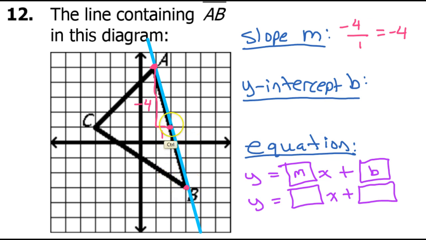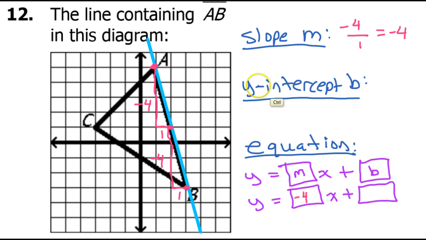I'm just going to double check by looking at the next point. If I go down 4 again and right 1, that's how I get to point B. So again, it's down 4, right 1. So the slope is definitely -4. So I could go ahead and put my -4 in for the slope right here.